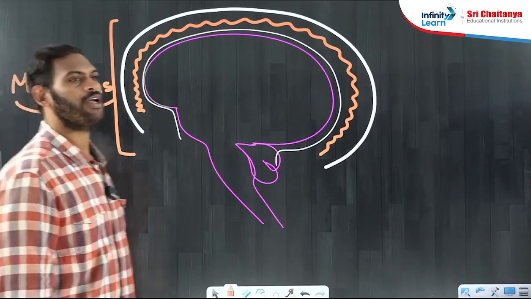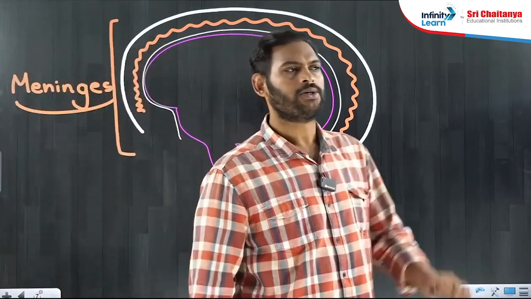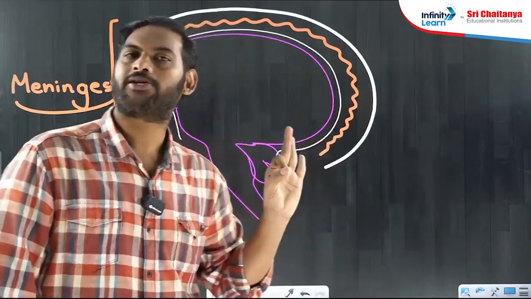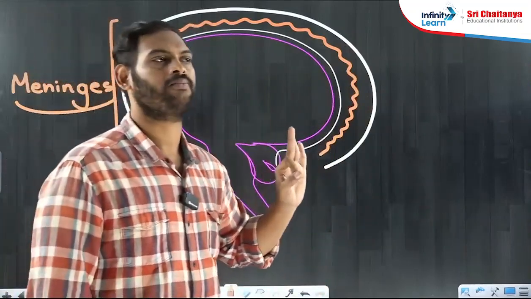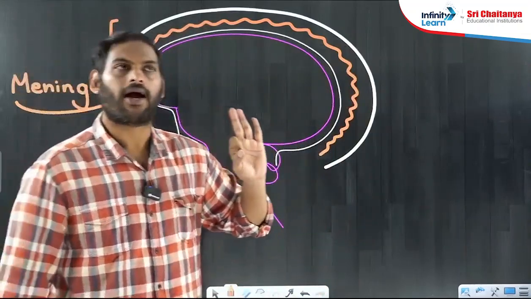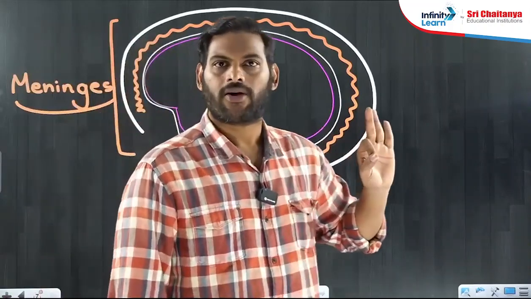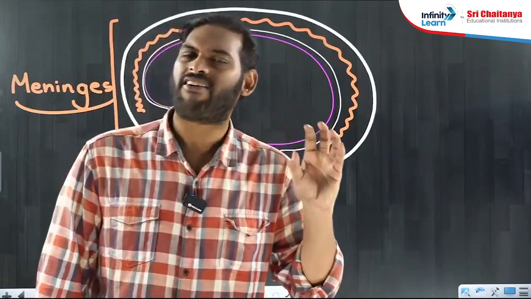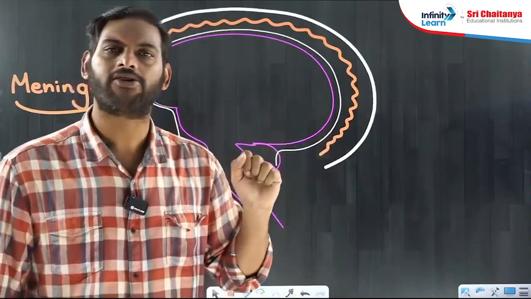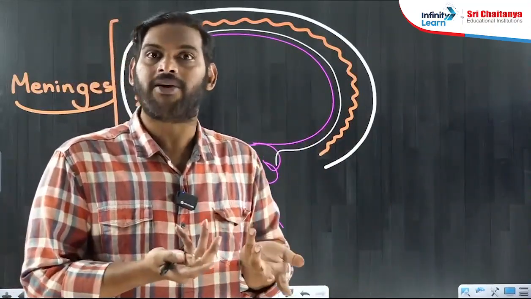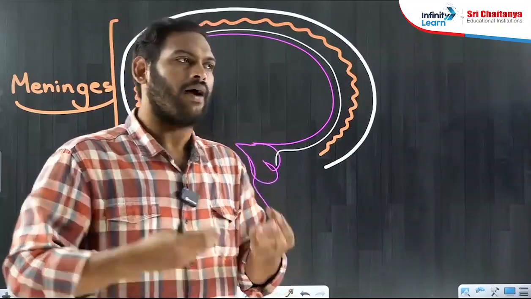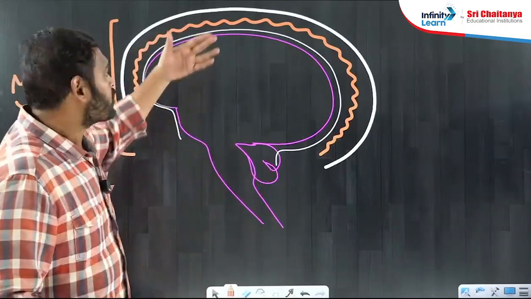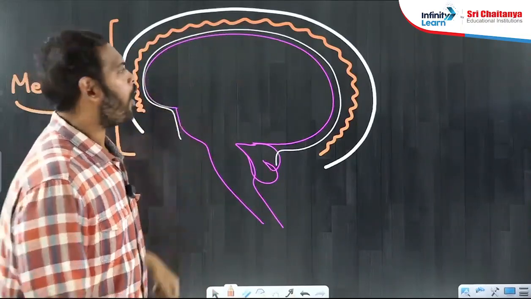Guys, mammals possess three meninges, but do not expect the same three layers in every animal in the animal kingdom. If you ask about fishes, any fish brain is simple and it is only covered by a single meninx. It is referred to as meninx primitiva, primitive meninx. And lucky enough that we are mammals, our brain got covered by three meninge layers.